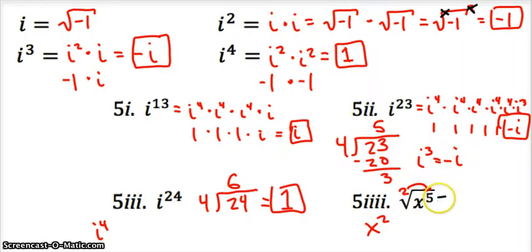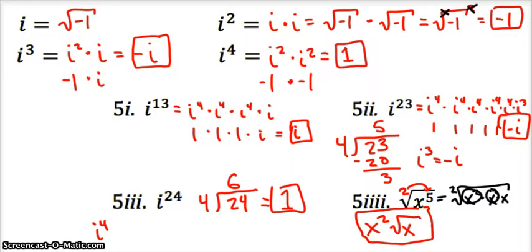Well, this means that I have this square root with that little 2 right there of x squared times x squared times x. I just took out one of these and one of these, right, to get x squared. What's the remainder? What's still inside the square root? That is going to be the square root of x. So this bad boy right here simplifies into this nice x squared times the square root of x.